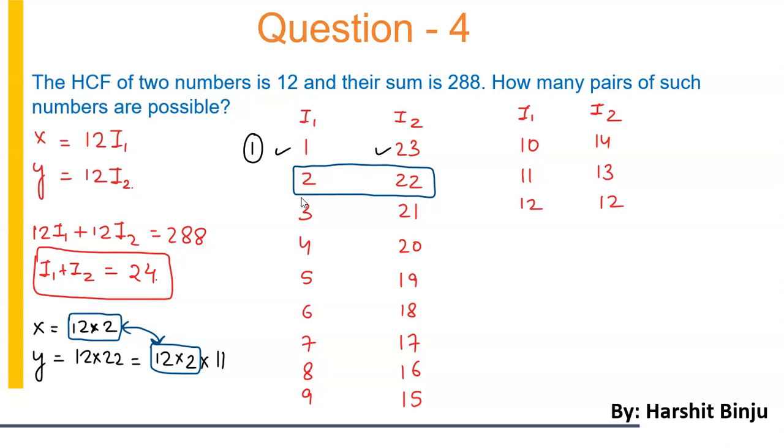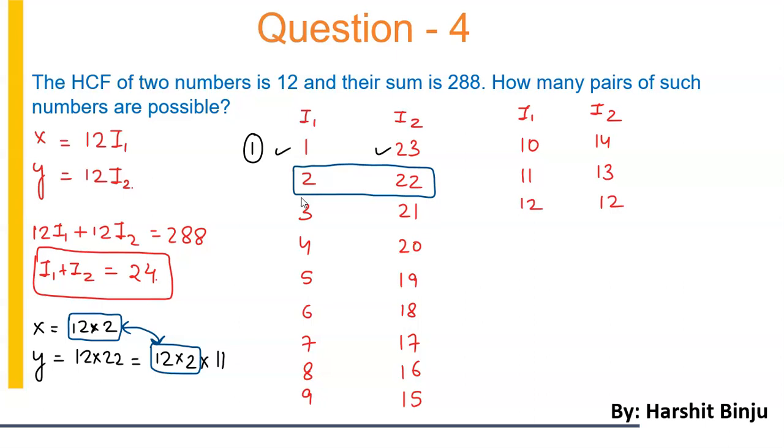Now, if I move a step ahead, can I say that this problem will be faced when I1 and I2 are always even? Because whenever I1 and I2 are even, apart from 12, you will always have 2 as something which is common.